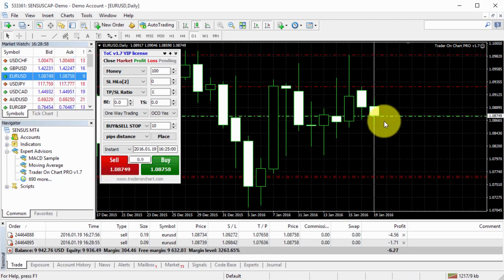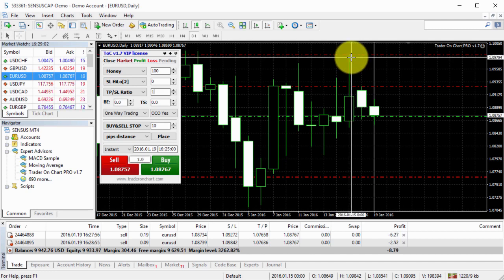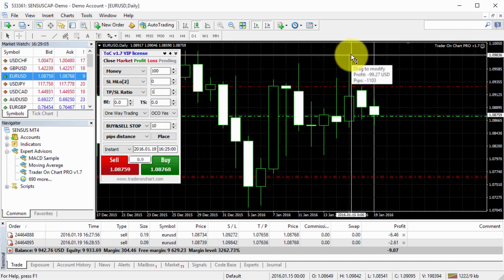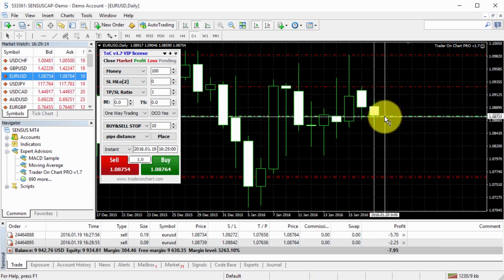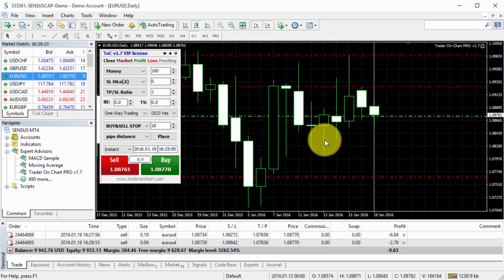Immediately places another sell trade, and just like I was saying, my stop loss was placed right at this high price, and my take profit is of the same size as the stop loss. So my stop loss is about 110 pips, and my take profit is 110 pips as well.